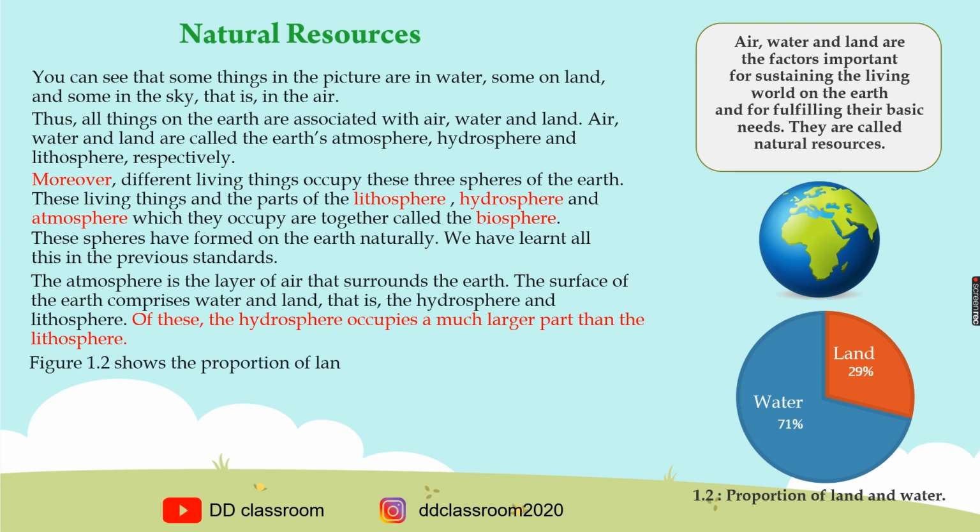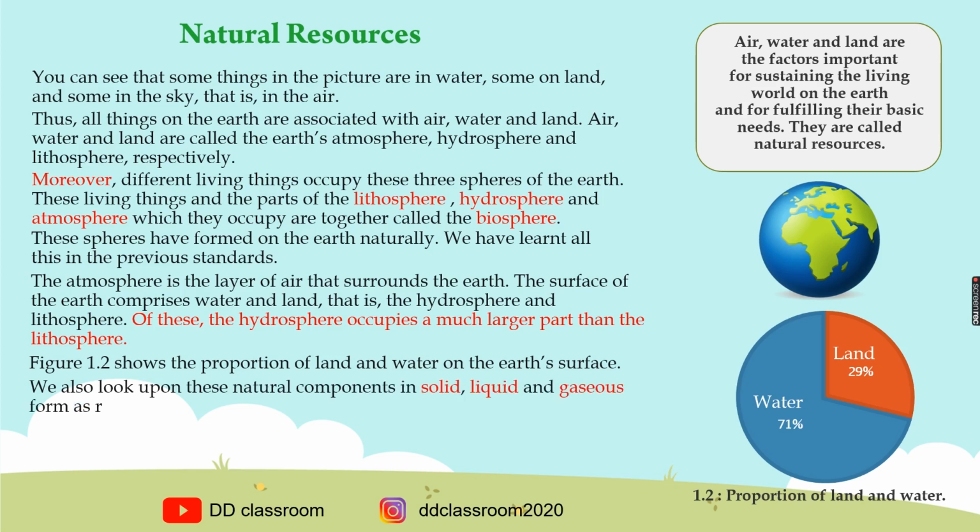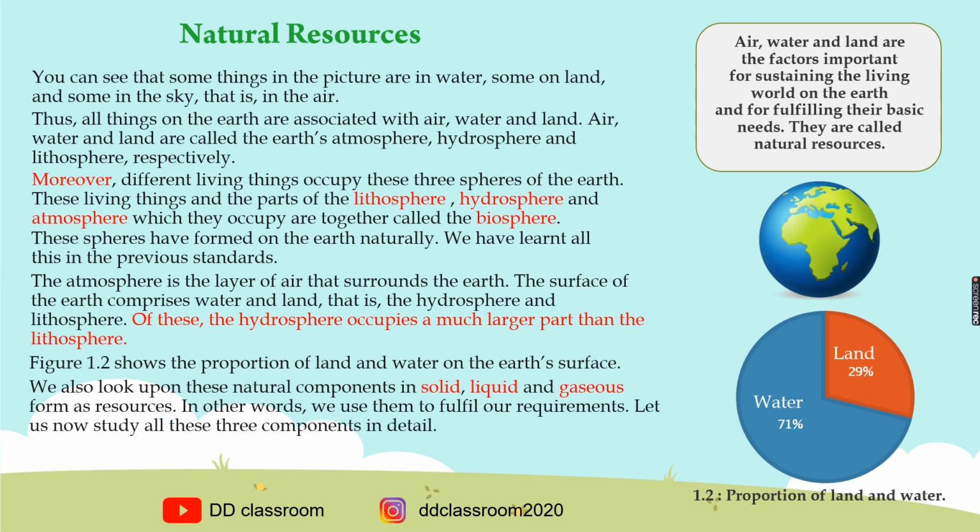Figure 1.2 shows the portion of land and water on the Earth's surface. We also look upon these natural components in solid, liquid and gaseous form as resources. In other words, we use them to fulfill our requirements.